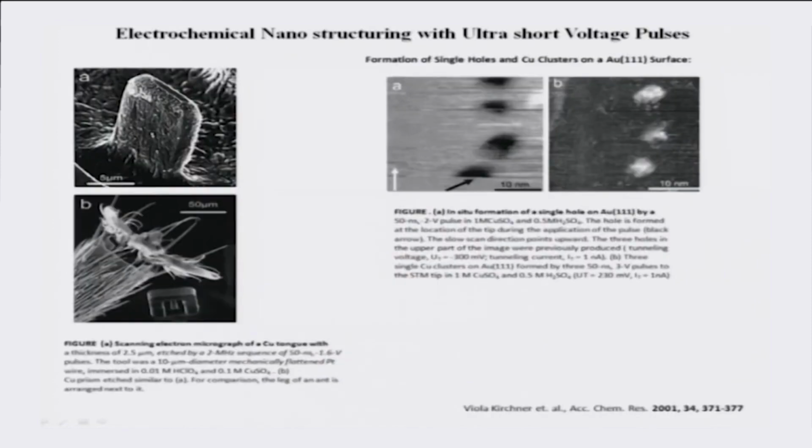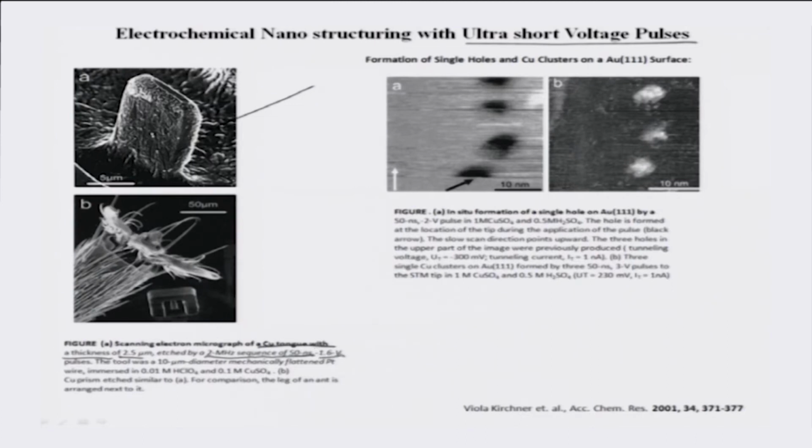ECMM is also applied in this case where ultrashort voltage pulses are used for obtaining this copper tongue, for example. This is an SEM image of this copper tongue, and it has a thickness of close to about 2.5 microns. It's etched by a 2 megahertz sequence of 50 nanosecond pulses of magnitude 1.6 volts.